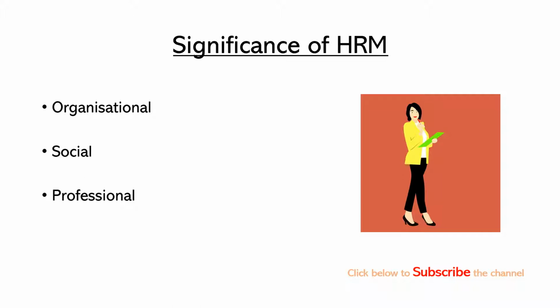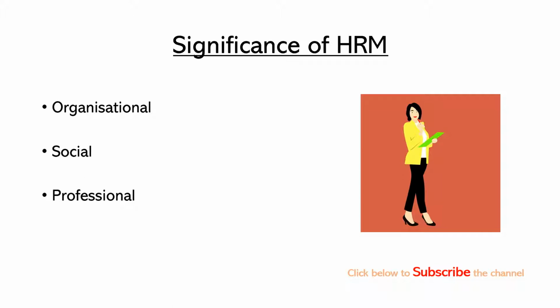Next one, professional significance. Like I said, whenever a person joins a company, he will have a lot of expectations. So you can identify the needs and provide proper career planning and guide them about the development and training they will get to groom them for that post. HR people can do that. You can mold a person to reach the post that he wants. Suppose he wants to be a chief financial officer.